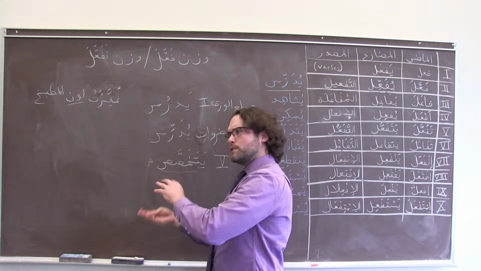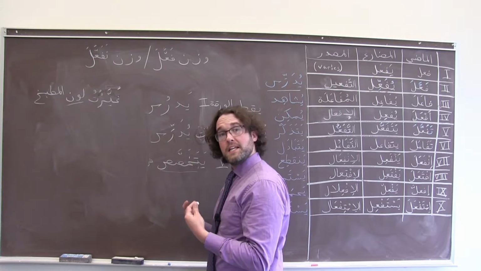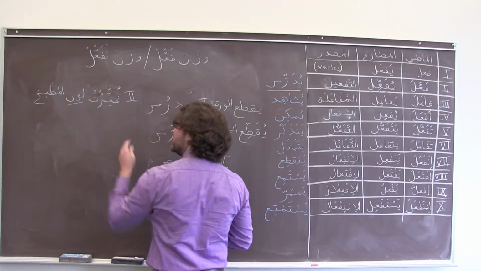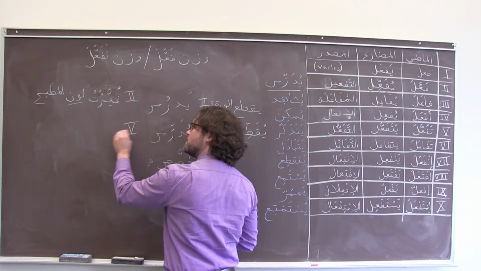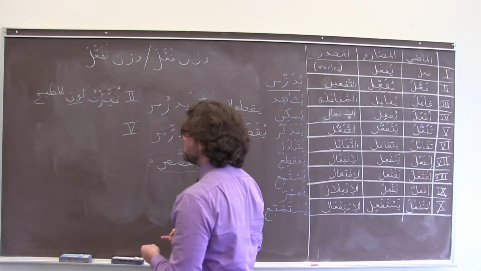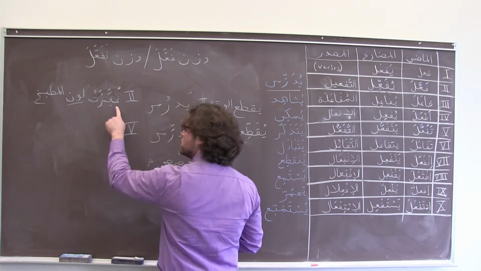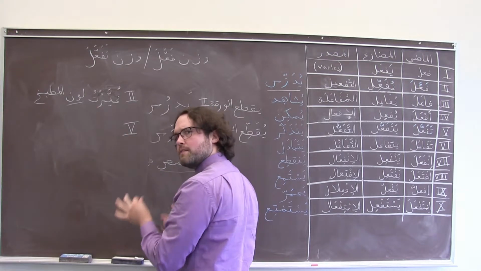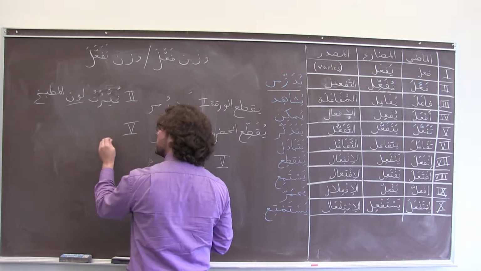If I want to talk about internal or spontaneous changes, though, I would need to use form 5 because that is the reflexive internal kind of change. So I would take the same judr, ghain, ya, ra, and I would put it into form 5. I would add that ta and keep the shadda.